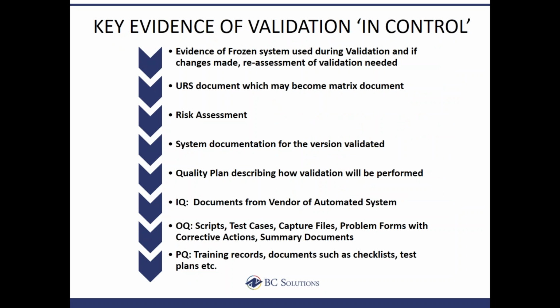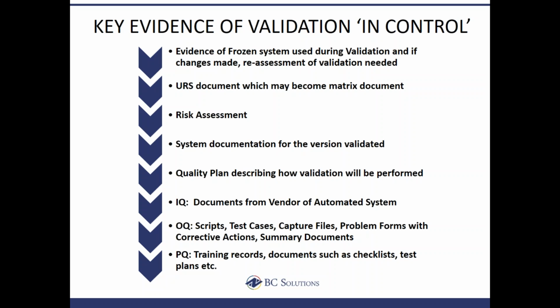So just to summarize, let's now talk about the key evidence of validation that's in control. Evidence of a frozen system used during the validation, and if changes were made, a reassessment of validation needed. That would be important to show that you're in control. Again, showing that you're in control when the FDA or the AABB walks in, if they get the impression you're in a state of control, I can almost guarantee you things will go easier for you than if they walk in and think nothing's in control.